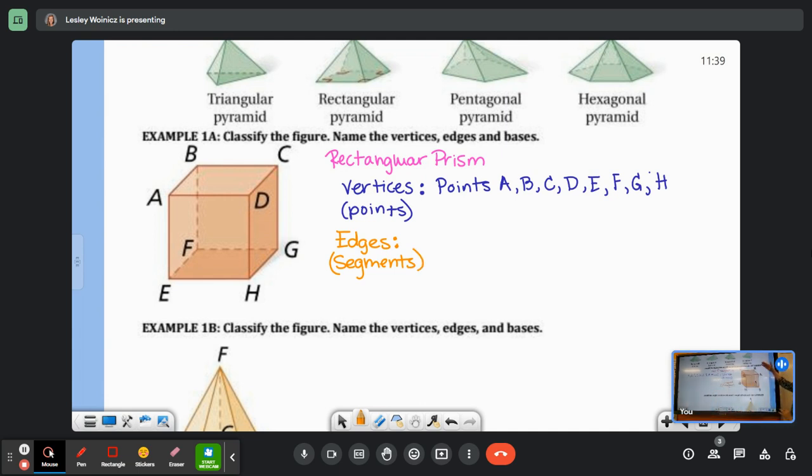Okay, so let's start with AB, BC, CD, and DA. Because they're segments, they get the little segment bar above them. AB, BC, CD, DA. Okay, that takes care of the ones on the top.